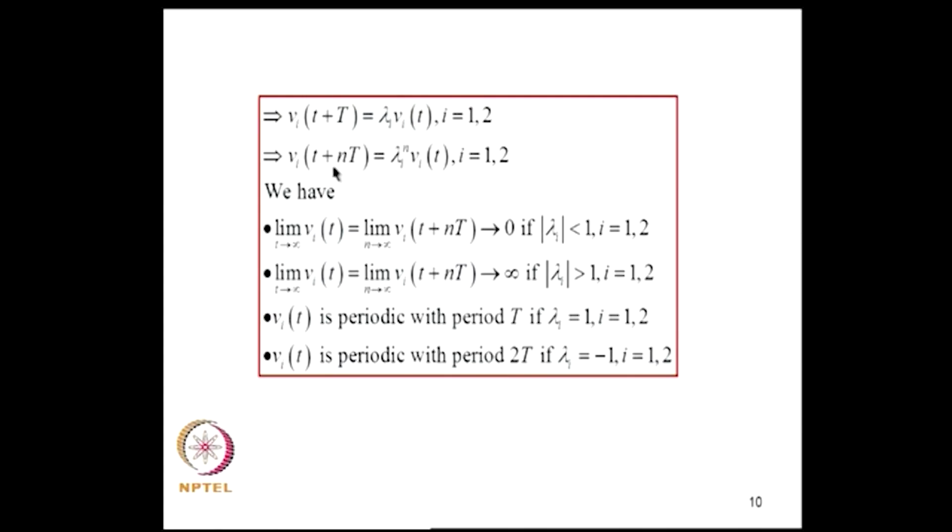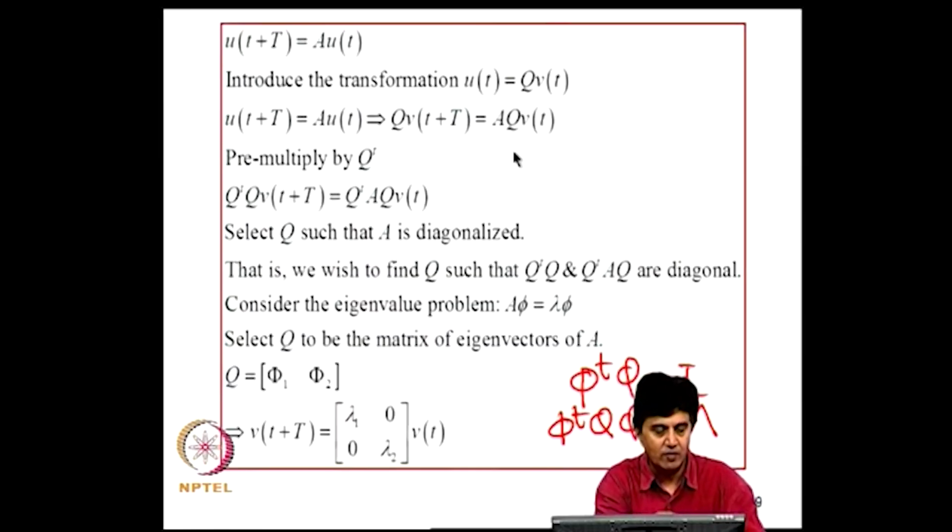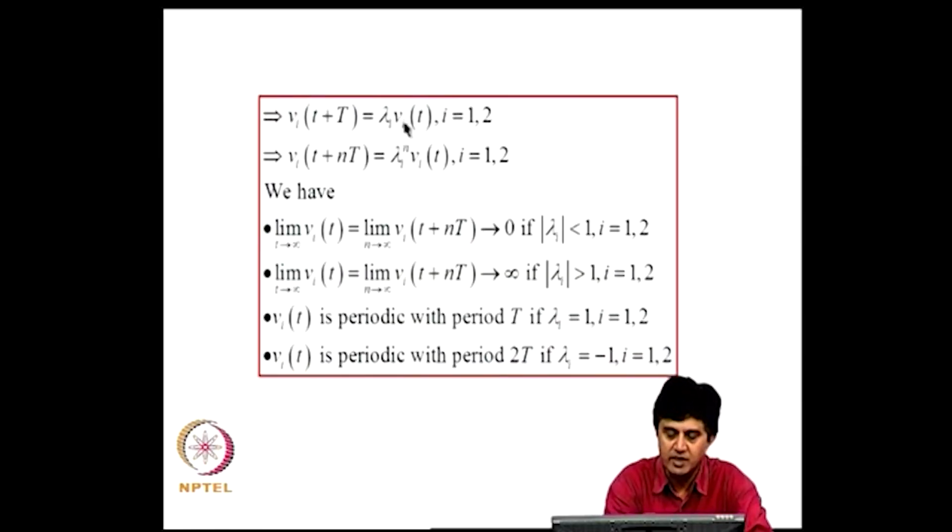Now, therefore, vi of t plus nT is lambda i to the power of n vi of t. Now, we want to investigate what happens to these solutions as n tends to infinity. The original function u of t can be constructed by superposing v1 and v2. So, therefore, the behavior of u is controlled by the behavior of v1 and v2 as n tends to infinity.